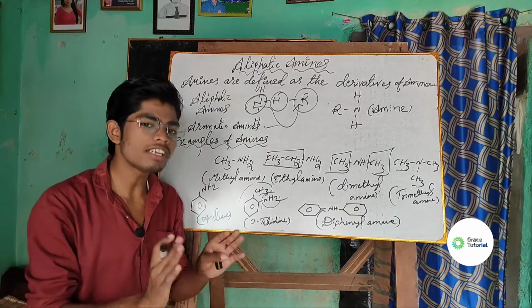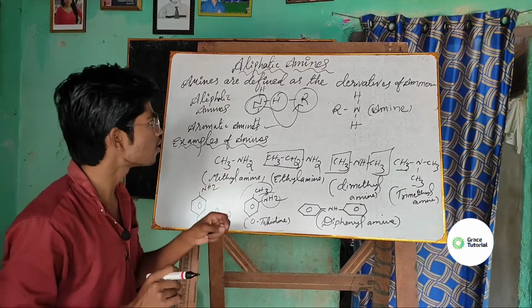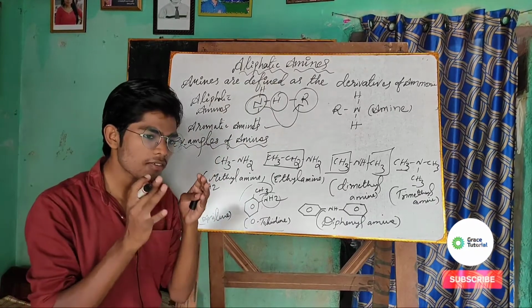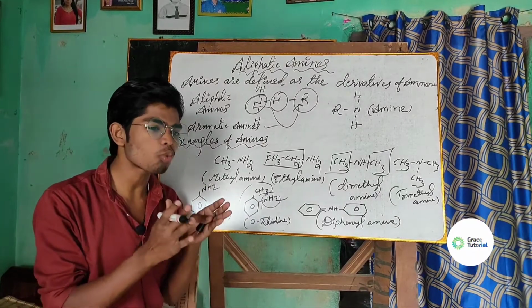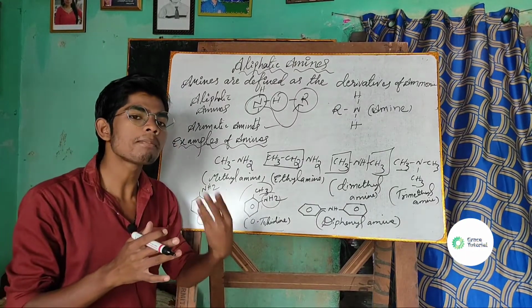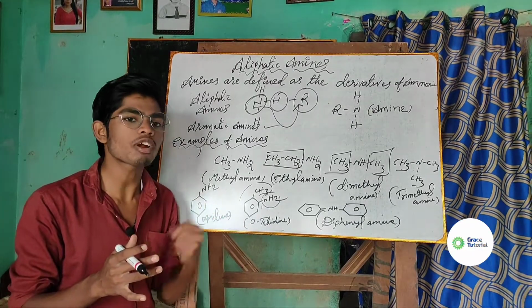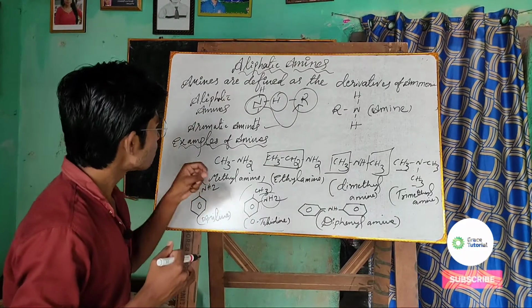So what are we actually discussing here? The concept is very simple to understand, my dear students. The chapter is aliphatic amines. The first question you need to make clear is what is an amine. Amines are simply the derivatives of ammonia. Why? Because the amines are obtained from ammonia, that's why they are called the derivatives of ammonia. But how?